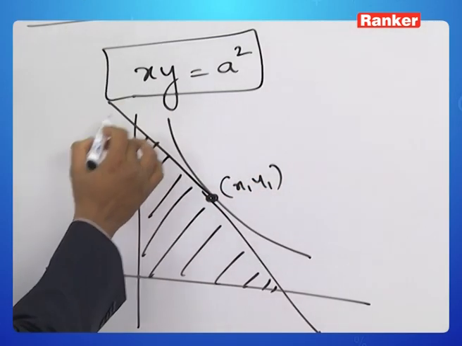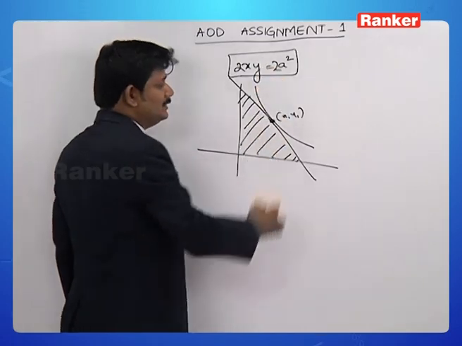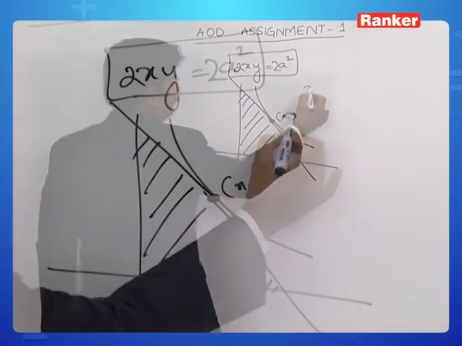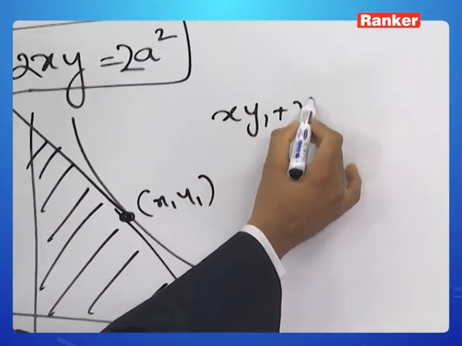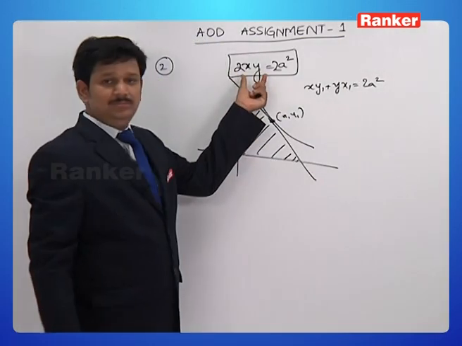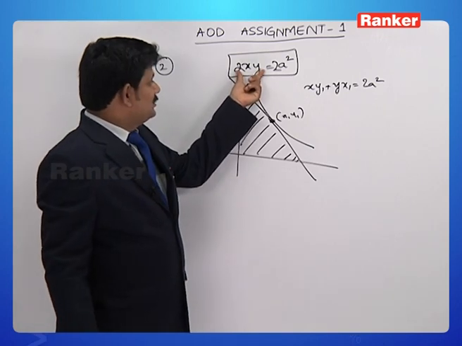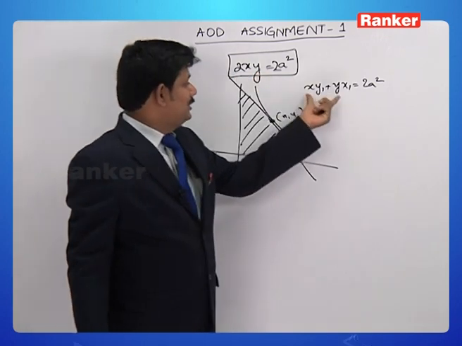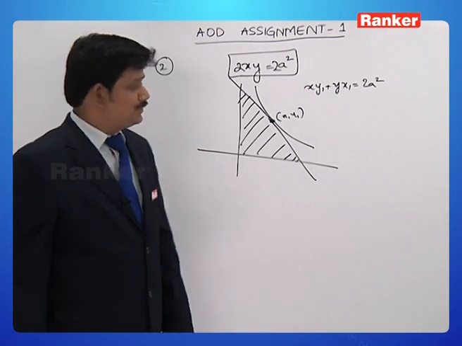Tangent at any point x1, y1 is given by xy1 plus yx1 is equal to 2a square. For the 2xy term, we use S1 equal to 0, so it is replaced by xy1 plus yx1 equal to 2a square.